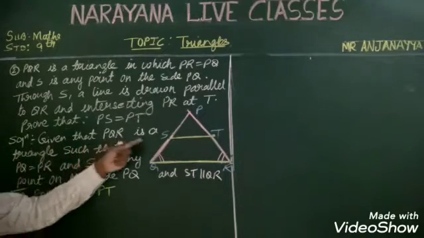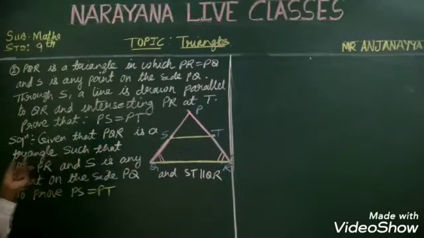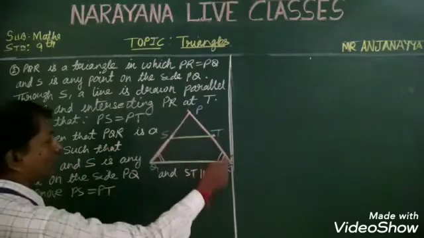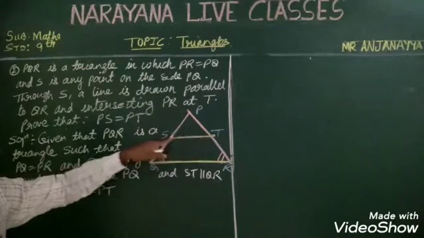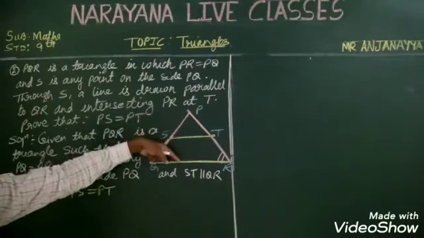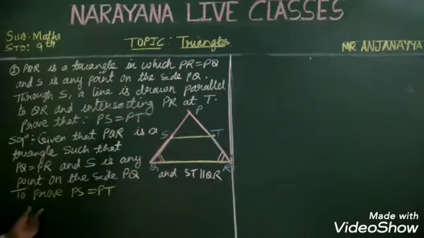So given, we know PQR is a triangle such that PQ is equal to PR. And there is a point S, through S a line is drawn parallel, that is ST is parallel to QR. I have to prove PS is equal to PT.